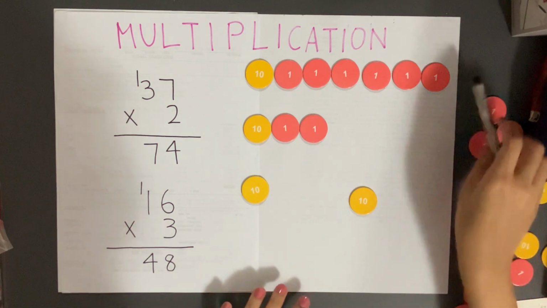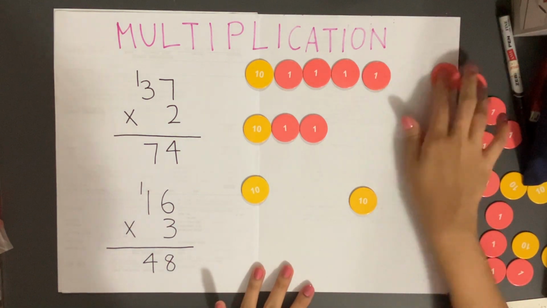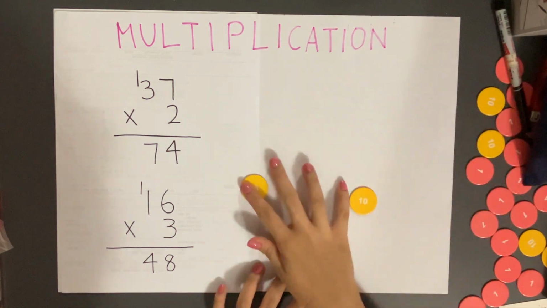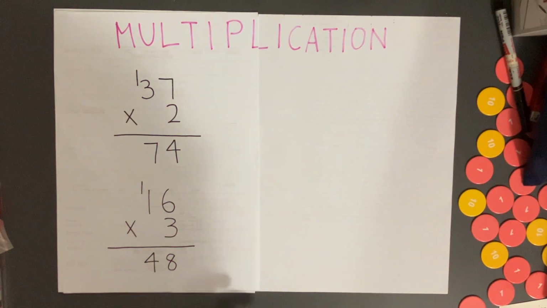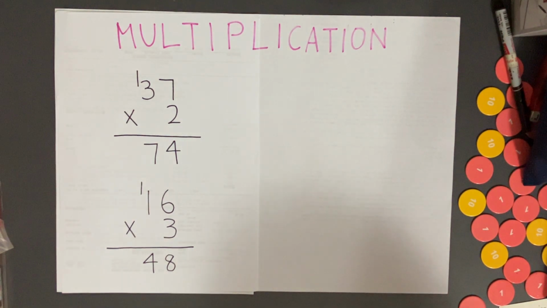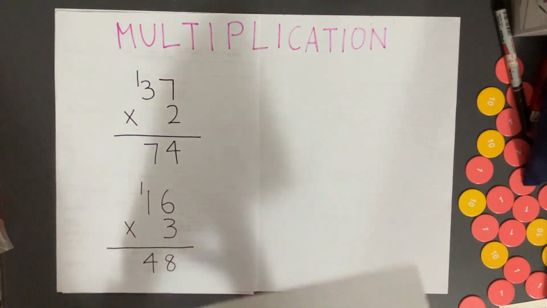Okay, now let's look at some 3-digit numbers. Okay, so let me remove my number discs first. Okay, let me put another piece of paper here.